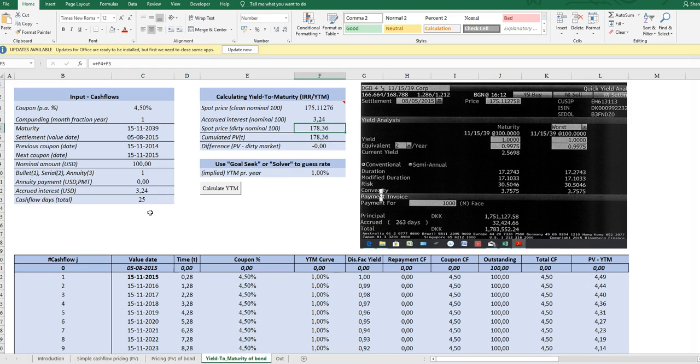That gives me a total bond price of 178.36, and if I calculate the cumulated PV with 2%, it gives me 150.95, and the PV theoretically has to be the same as the one in the market. So the sum of the spot price and the accrued have to give the same as the cumulative PV.